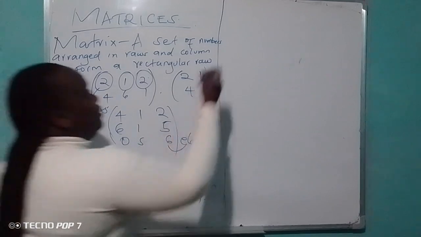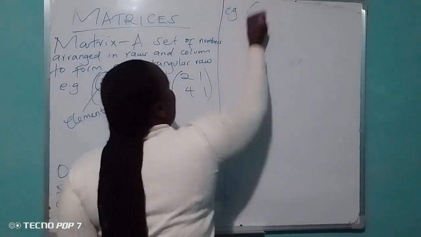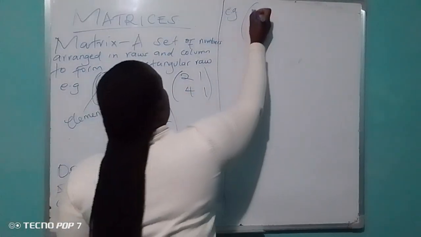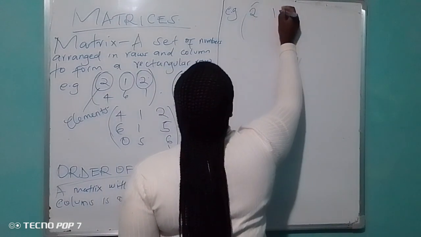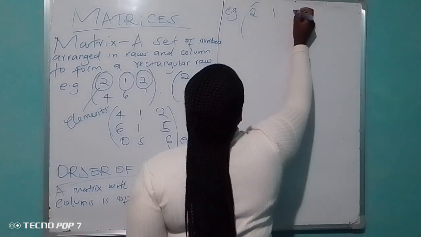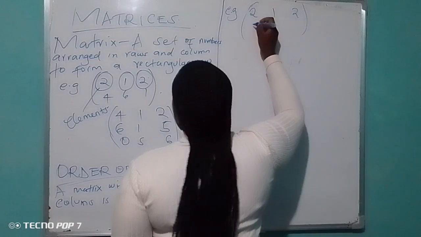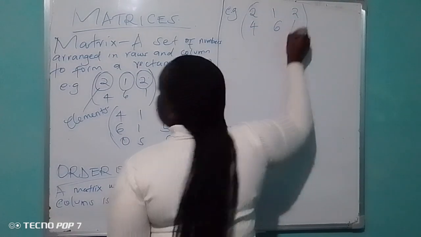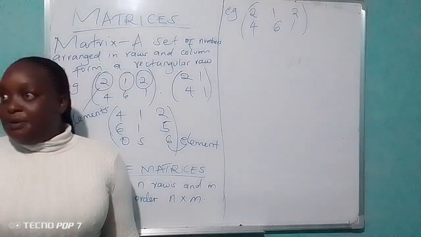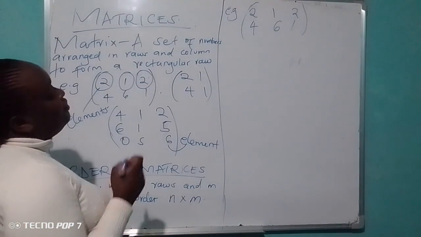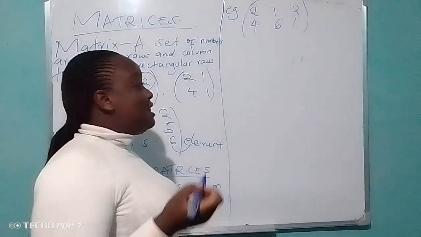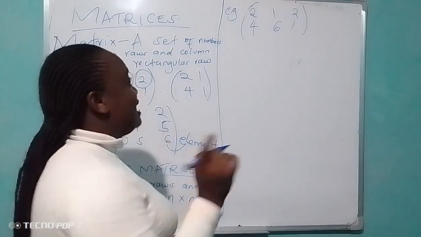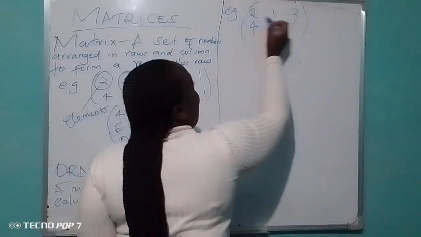So for example, let's do a real example here. A matrix like this one: 2, 1, 2 in the first row and 4, 6, 1 in the second row. We count the number of rows that it has. So it has 1, 2 rows.